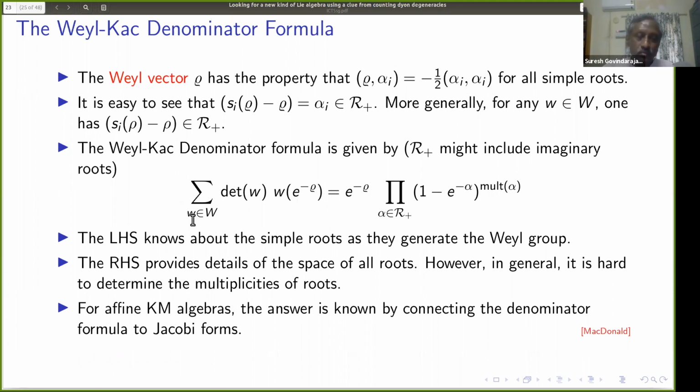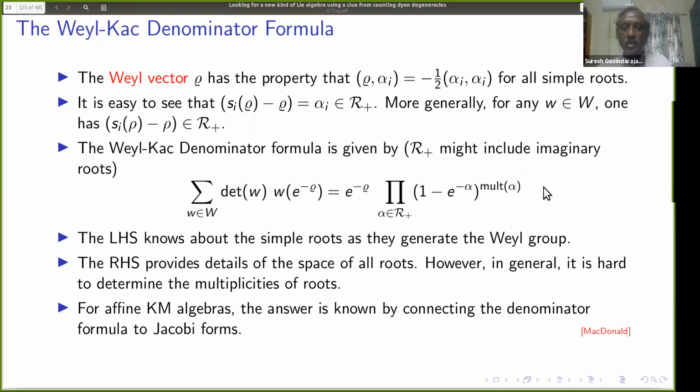The left-hand side is a summation over the Weyl group, and det W is just plus or minus 1, depending on whether the element W is constructed with an even number of elementary reflections or an odd number, and W acting on this. So that is the sum side. The product side is a product over all the positive roots of 1 minus e to the power minus alpha, raised to the multiplicity of alpha.